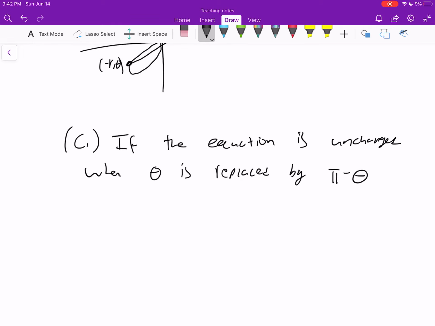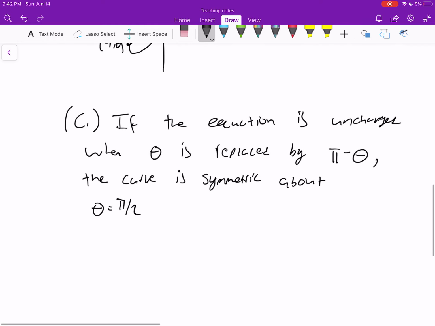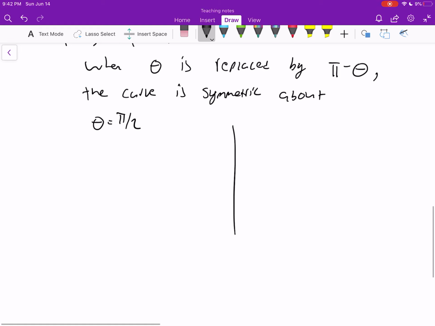They're these weird rules that let us figure out some sort of symmetry. So this would be what you would think of as the positive y and negative y-axis. So an example of that is going to be something that looks like this.